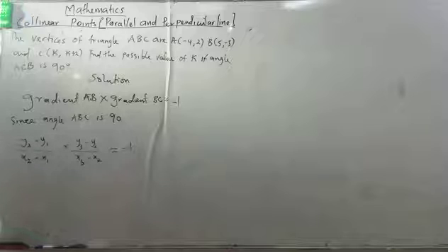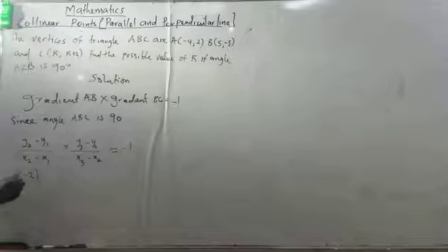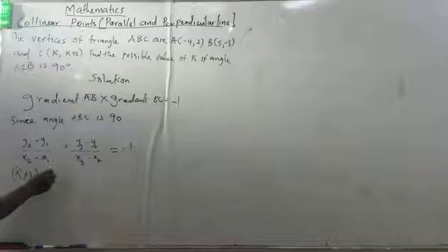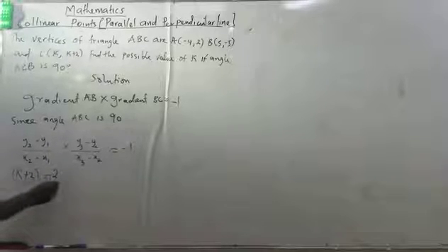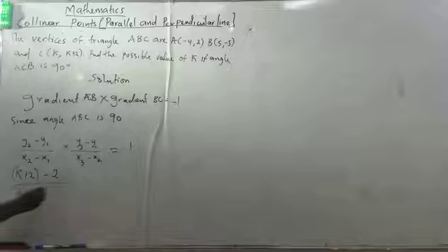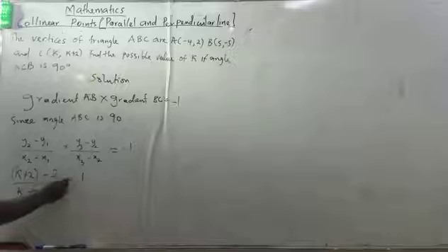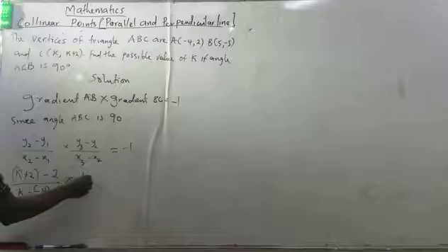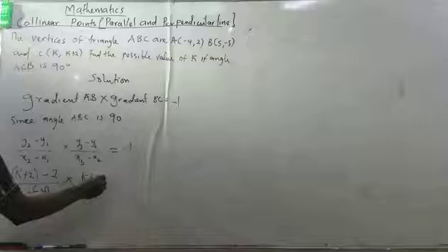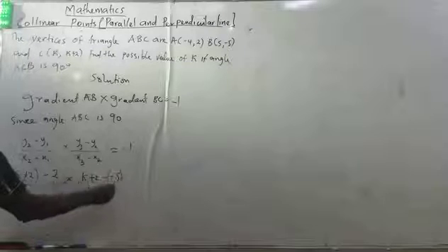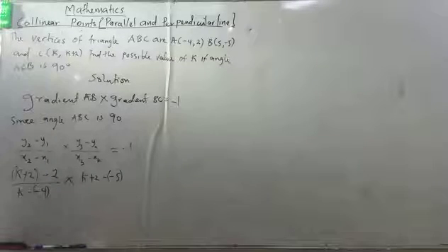Now, by solving it, let me solve it because of our time: k minus 2 and k plus 2 minus 2 divided by k minus minus 4, multiplied by k plus 2 minus minus 5 over k plus 2 minus minus 5, if I'm not making a mistake.